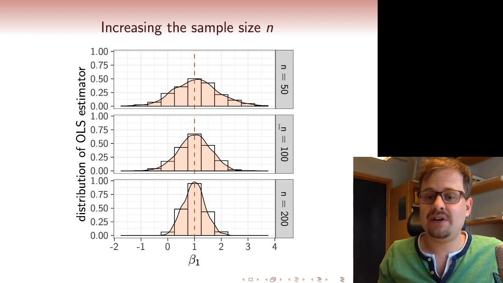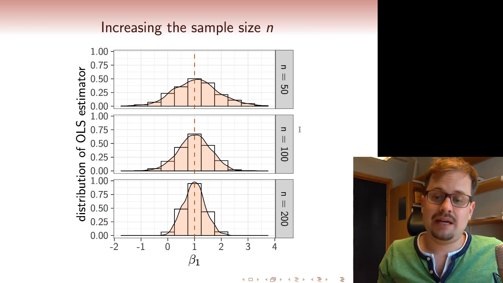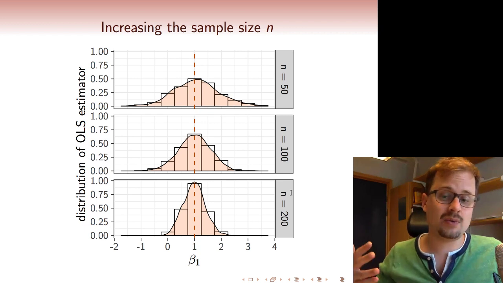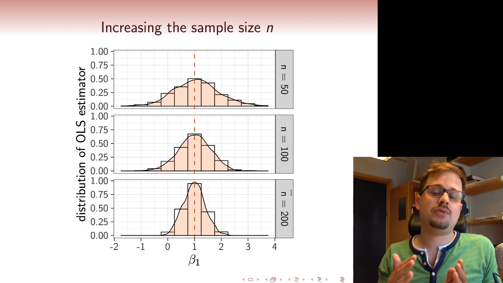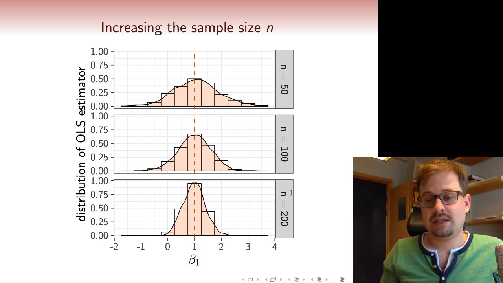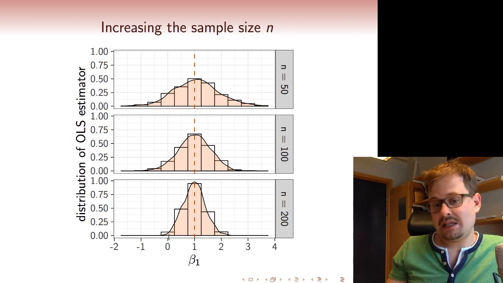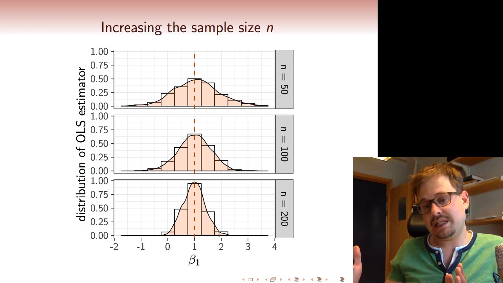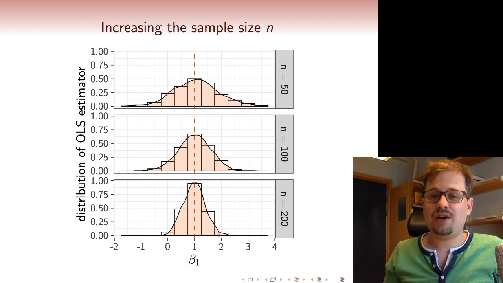And as we increase the sample size further, so we double it once again, going from 100 to 200, the sampling distribution of the estimator becomes even less spread out and concentrates even more around the true value.